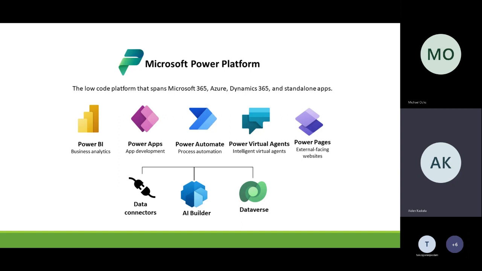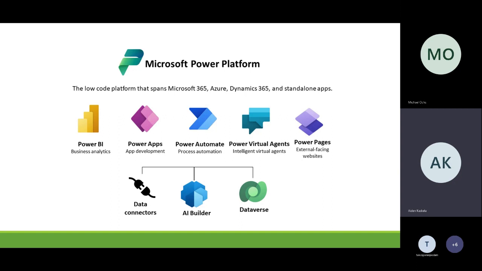And then Power Pages is the external facing website, so your customers can authenticate and interact with their data in the Dataverse. So things like support tickets, order history, things like that. Power Pages is a really easy way, natively integrated with Dataverse, to surface that for your users.